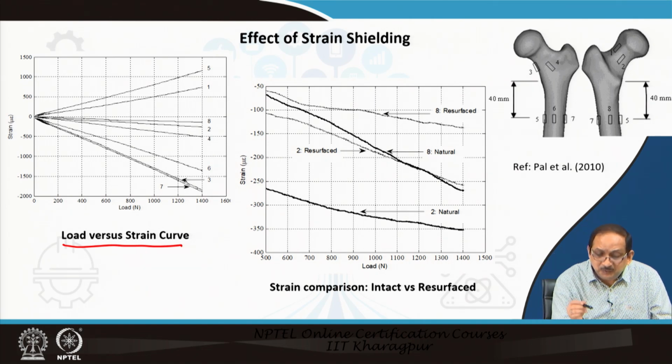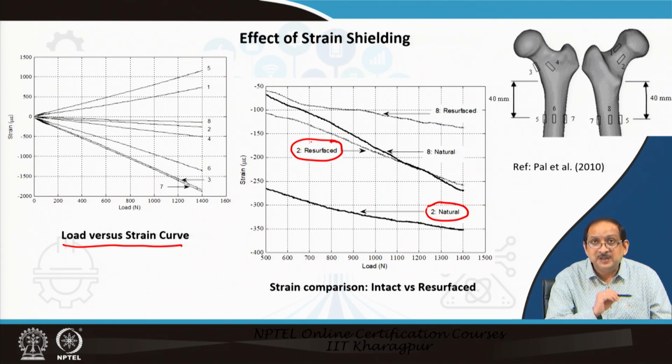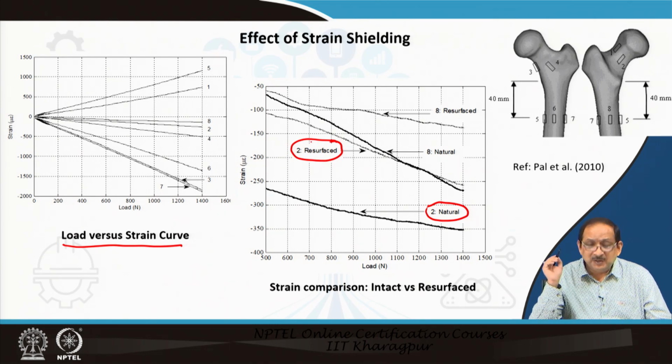Now, we would focus our attention on strain gauge 2. It is located at exactly similar positions. So, strain gauge 2 in the natural and strain gauge 2 in the implanted femur can be compared.